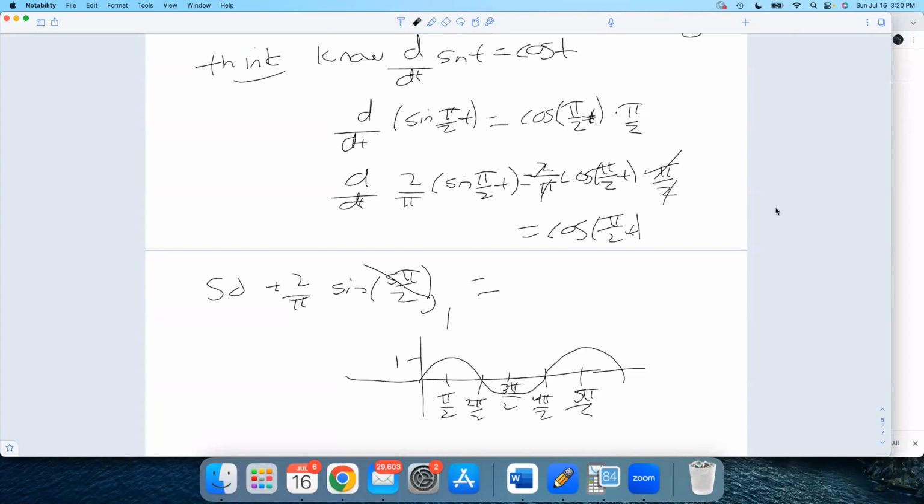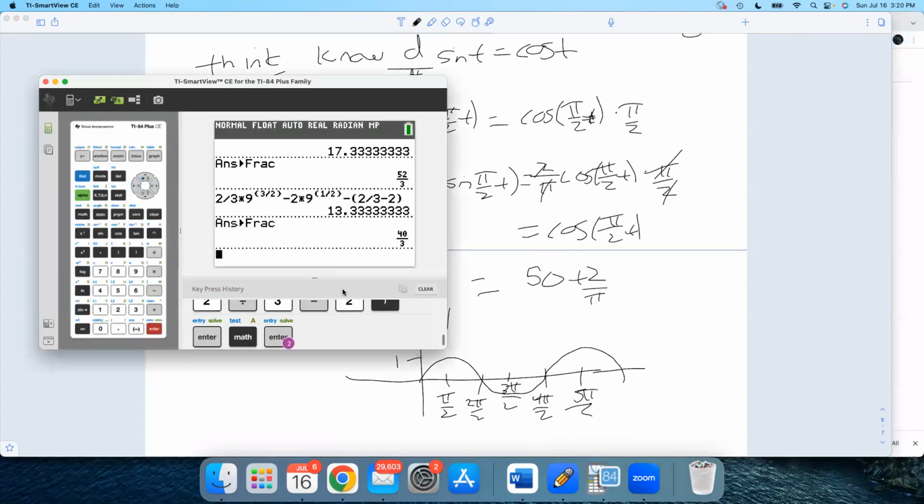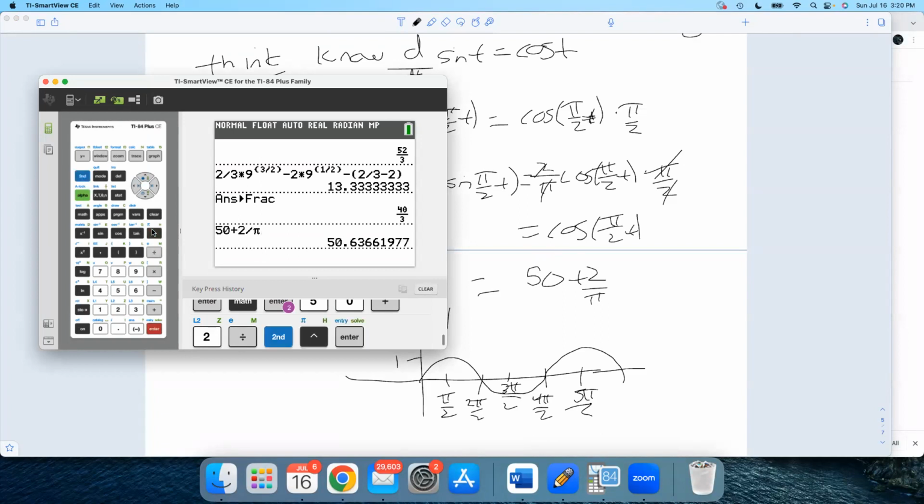So my final answer, Kathy's distance, will be 50 plus 2 over pi. And we can get our calculator out and see what that is approximately. But it's more than 50. Kathy's going to win this race. She's going further. Let's see, where's my pi?